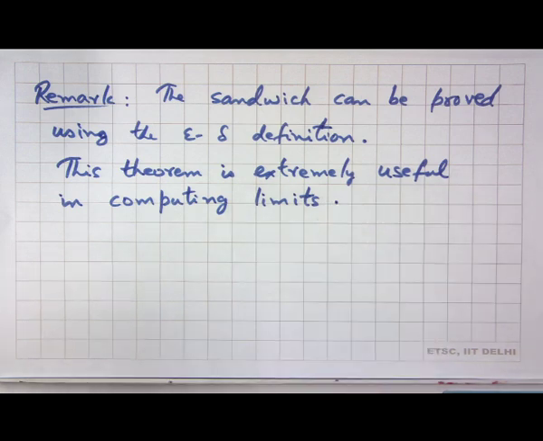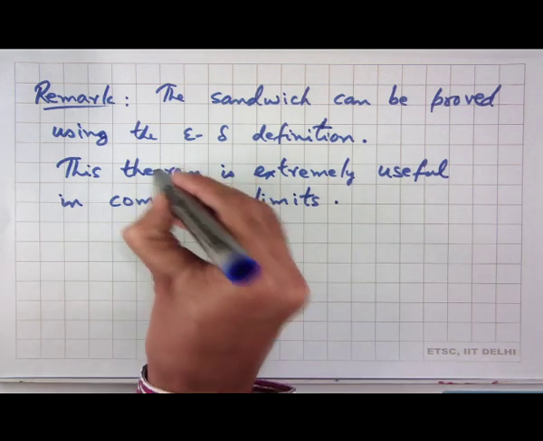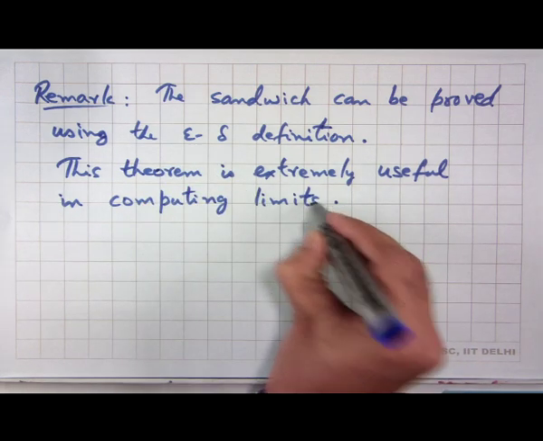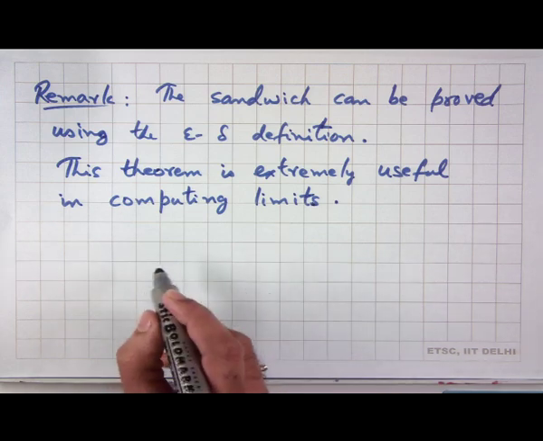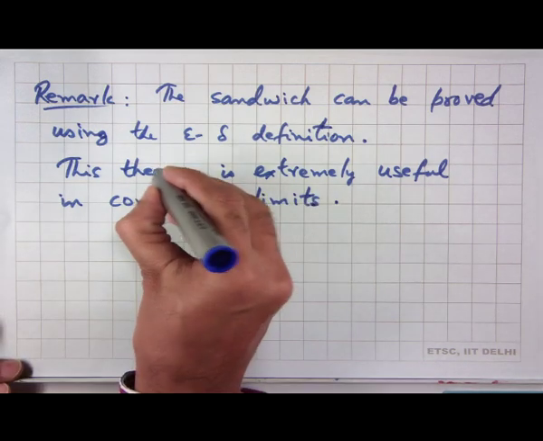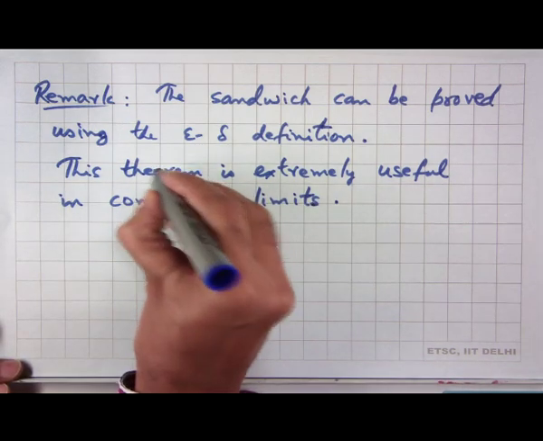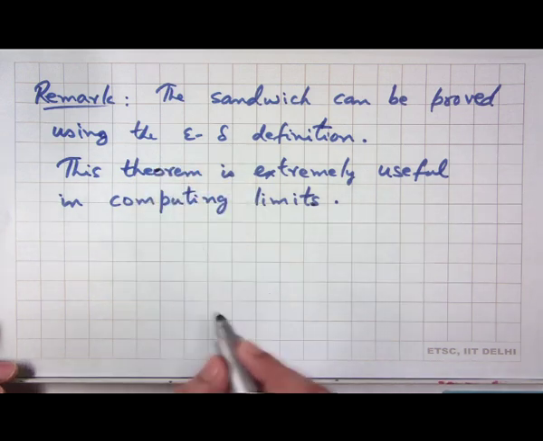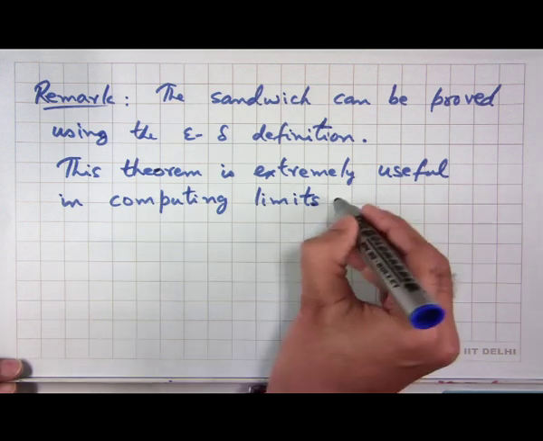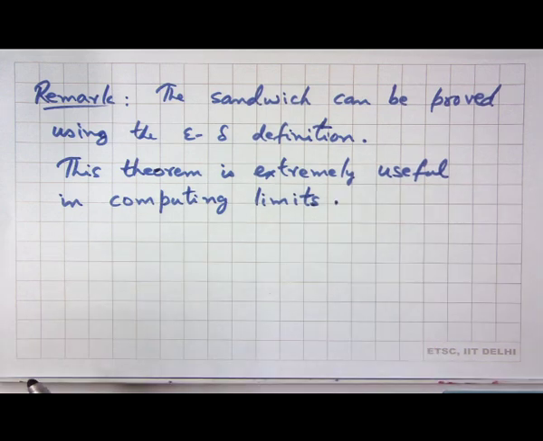So, many times what happens is that the function whose limit you want to calculate might be complicated, but if you can find a smaller function and a bigger function and you can easily calculate their limits, and if the limits are the same, then this function also has the same limit. So, we will see an important limit using this theorem.